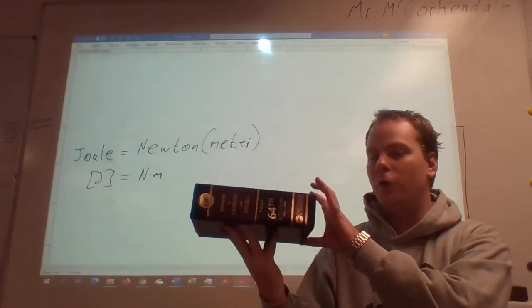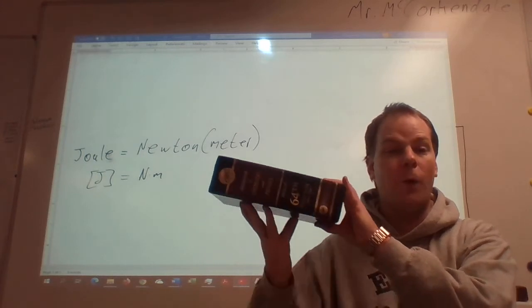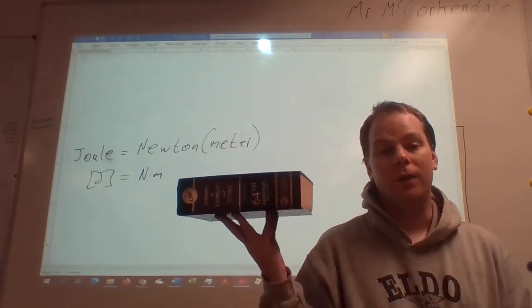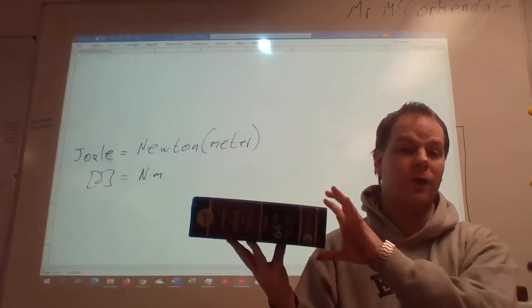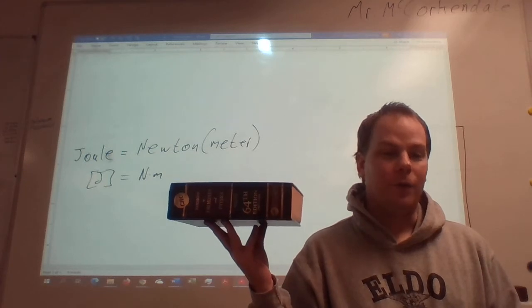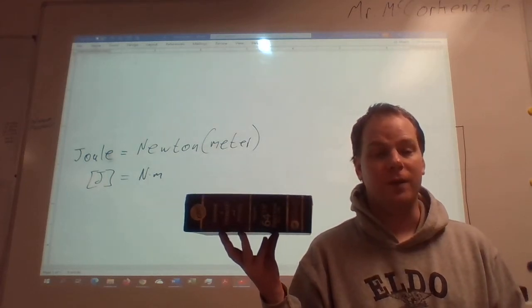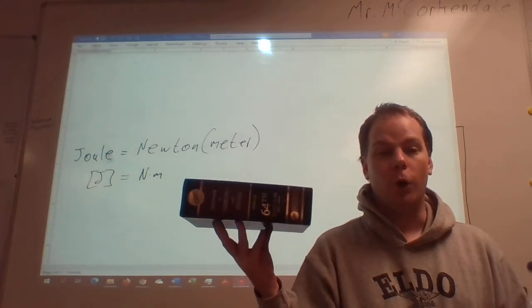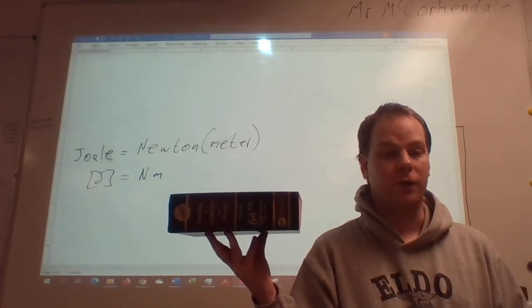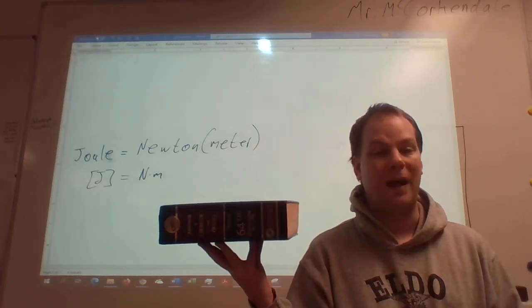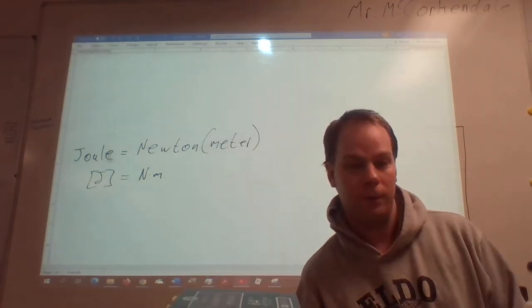So if we're going to do work on this book, then the force that is acting on the book, the force that is being overcome, the resistive force, and the distance traveled have to be in the same direction. So right now I'm holding this book. The only force that I am exerting on it is a force to resist the force of gravity, which is pulling it down.